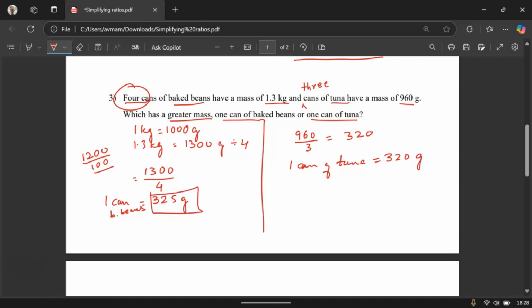So it is obvious your final answer should be 1 can of baked beans has a greater mass.